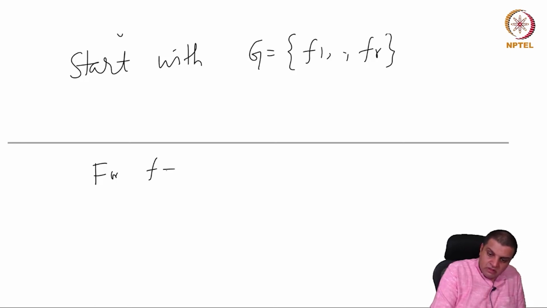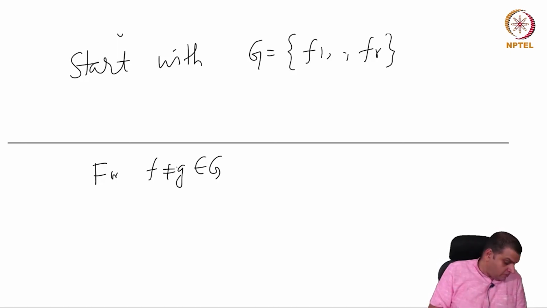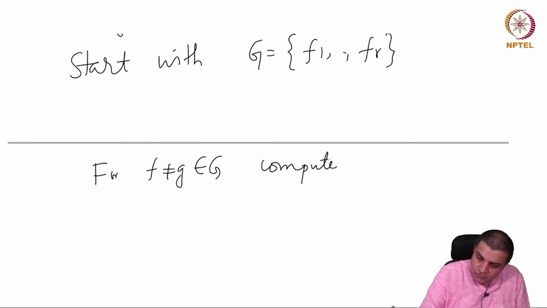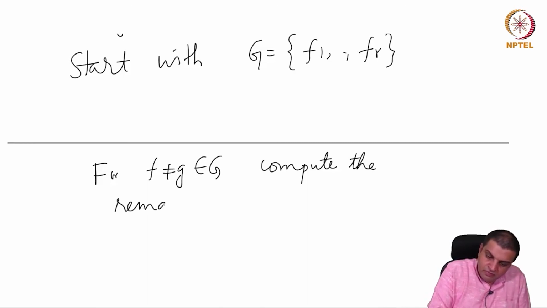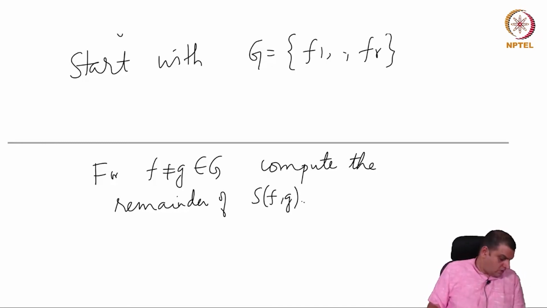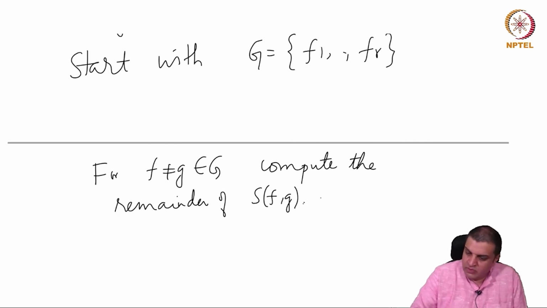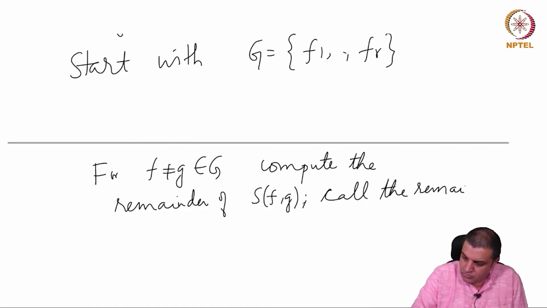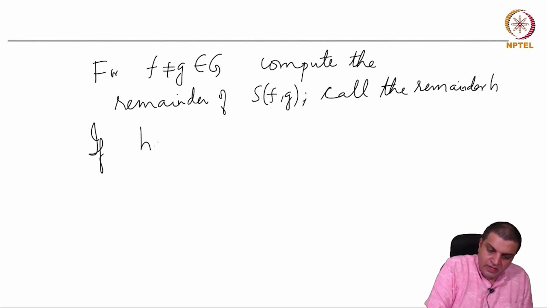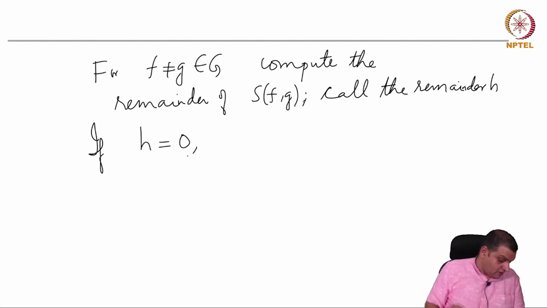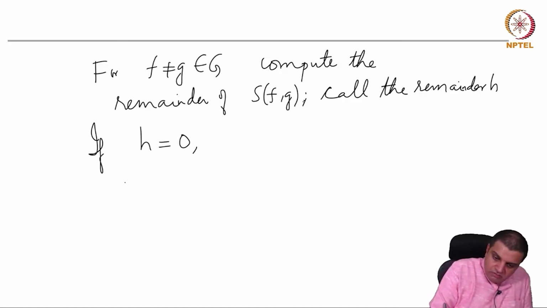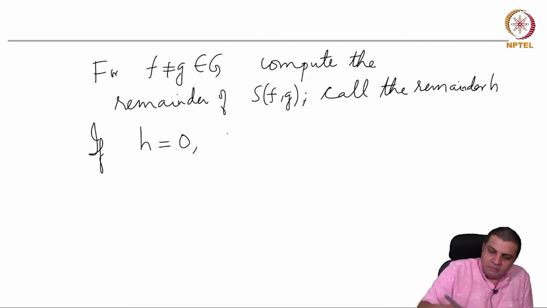For F different from G, both inside the set G, compute the remainder of S(F, G) and call the remainder H. If H is 0, nothing to be done in this step; just do it for another pair.